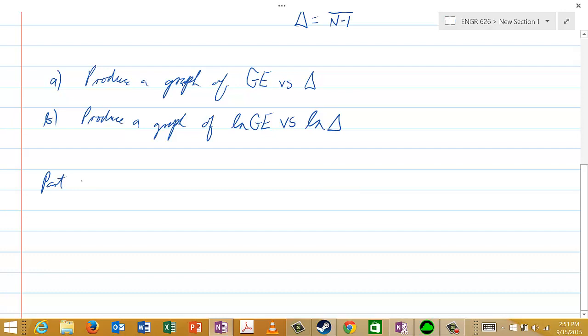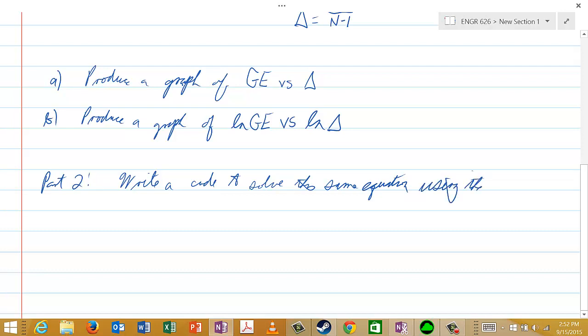And now for part 2, write a code to solve this same equation using the Richardson extrapolation method.